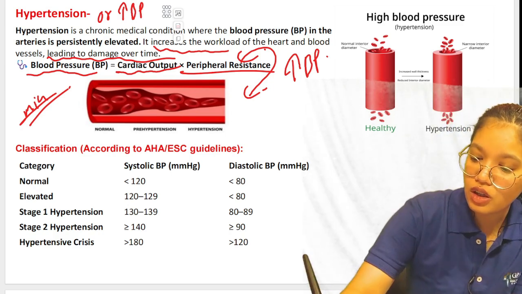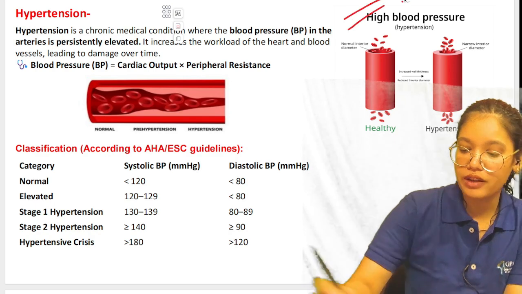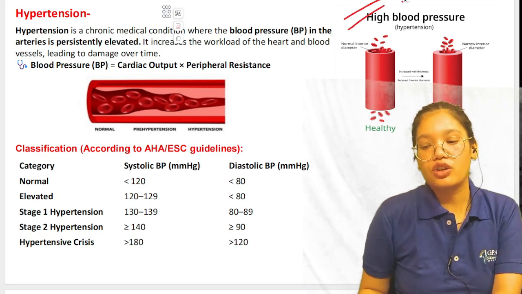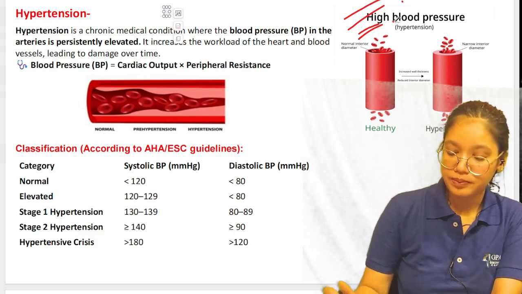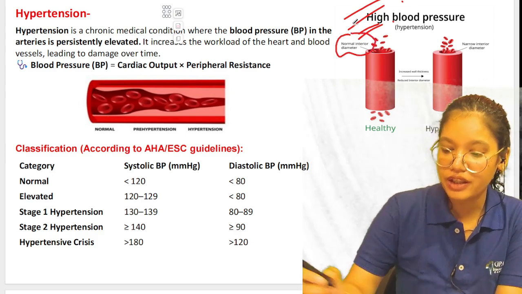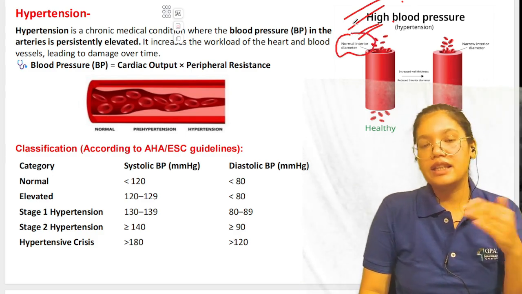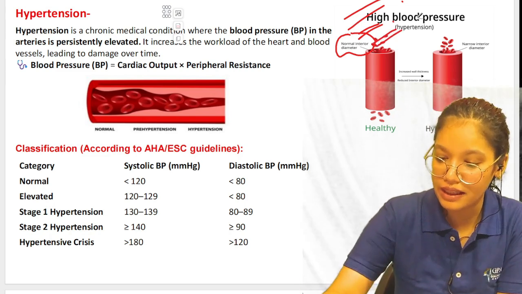Then if we look at this diagram here, it shows the condition of hypertension. This here is the normal artery. It has a normal interior diameter, and the blood can easily flow through it. So this is the healthy condition.